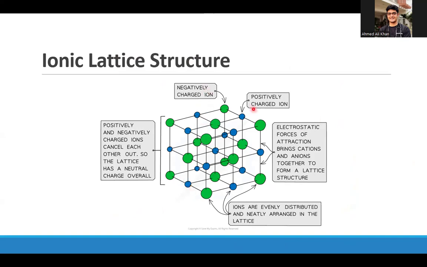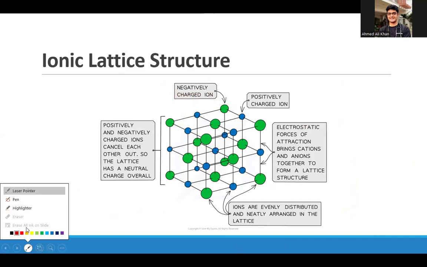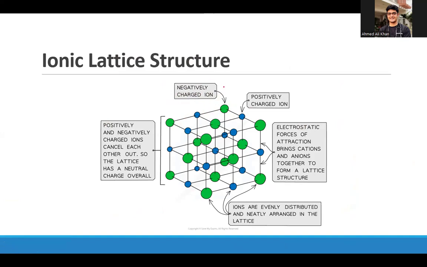Okay, right here we have a very famous example of sodium chloride. इसमें you can see कि green dots जो हैं, they are representing negatively charged ions. So इस केस में negatively charged ions किसके होंगे? अगर हम सोडियम क्लोराइड की बात करें, तो negatively charged ions किसके होंगे? Chloride, right? So chlorine के होंगे.